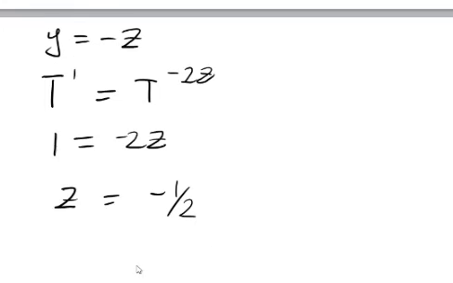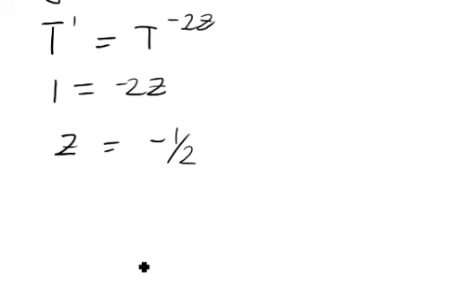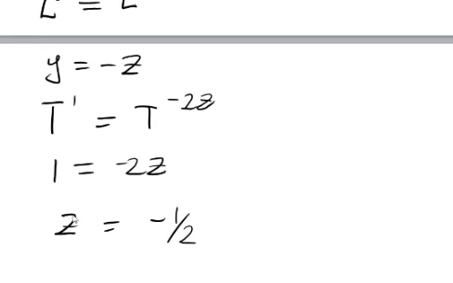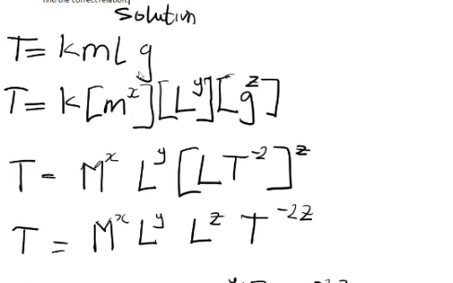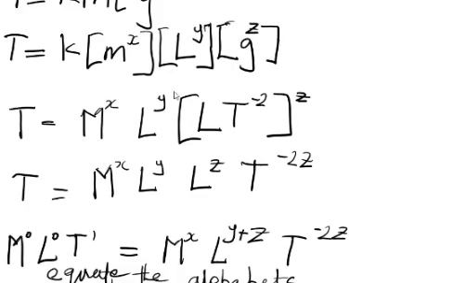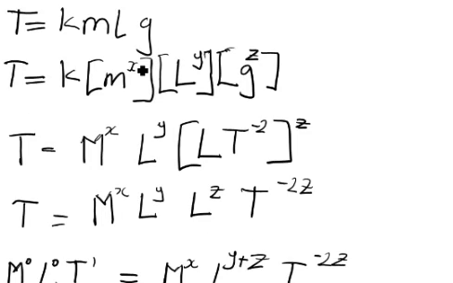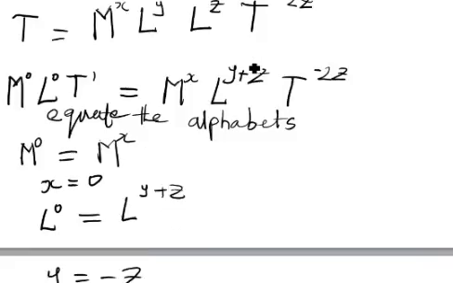So we have found the values of y, x, and z. So let's return to the original equation. We didn't name it. Returning to this original equation, we've gotten the power of x to be 0, the power of y to be 1 half, and this to be minus half.